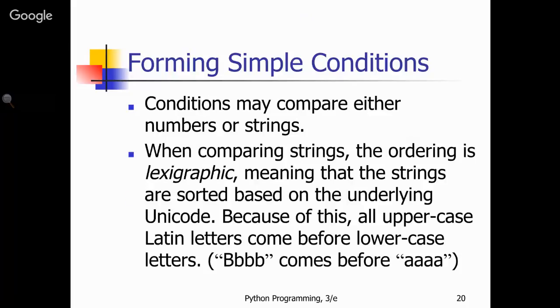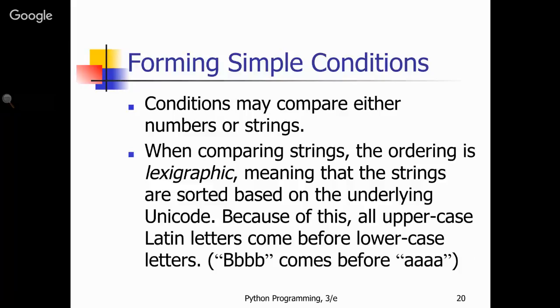All right, so far we have tried out numbers, but you can also compare strings. And how are strings compared? They are compared based on something called their lexicographic order. And what that means is, what is their Unicode value? I believe I showed you the Unicode table and how each letter has an assigned number.